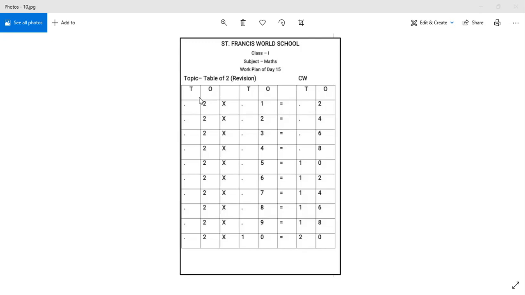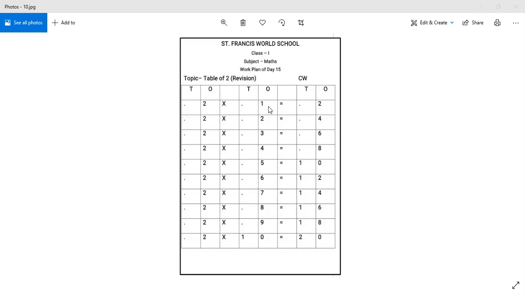Fine, it's clear. Now, while writing our table, we will put a dot under the tens, because there is only one digit, that is 2, and it has to be under ones. क्योंकि वो एक ही digit है, ठीक है? So we have put a dot under all the tens over here. Then 2, then the multiplication sign, then again a dot, just as we have done over here.